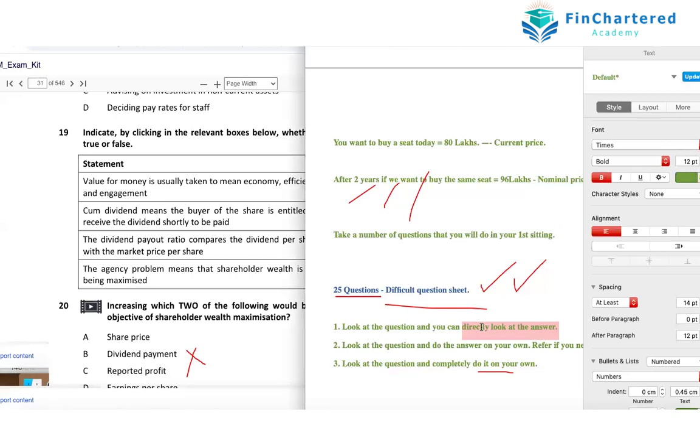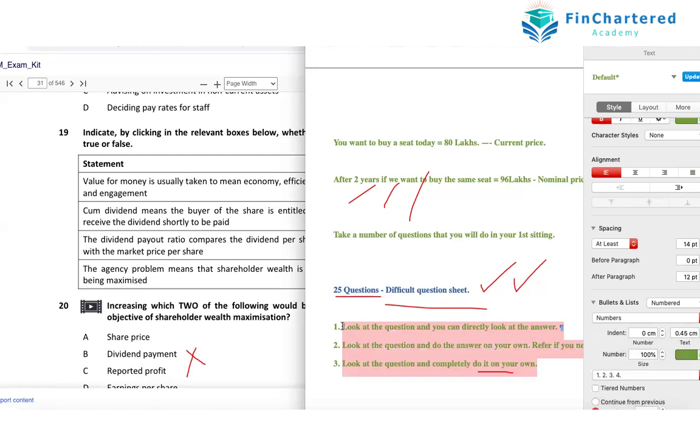That itself most of the time has a satisfactory explanation. If that does not happen, you can always let us know and we will explain that specific question and upload it on the LMS. So it becomes easy for you. If you do it this way, your speed will really pick up.